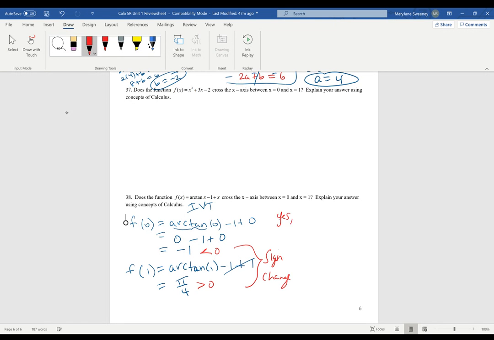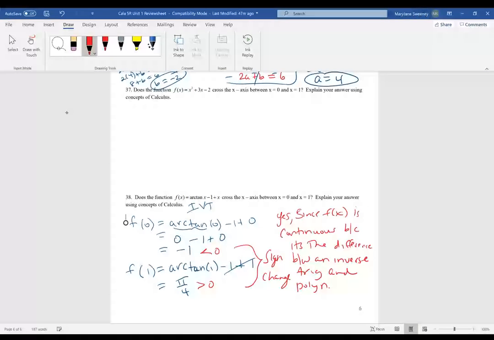So yes, since f of x is continuous because it's the difference between an inverse trig and polynomial function, right?